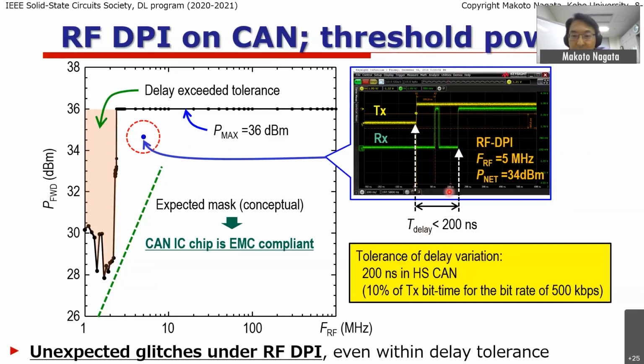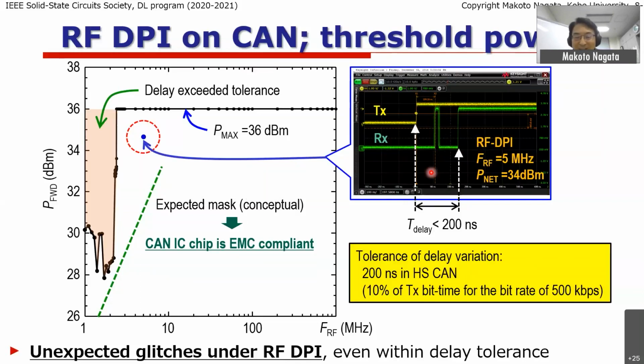In this case, OK, the TX transmitted data is well received by the RX within the 200 nanoseconds. But obviously, we see some glitches here because of the RF DPI, because of the RF power injected onto the CAN device. From the system point of view, the data can be well transmitted, so nothing is violated. But in the real environment, we will see unwanted glitches here because of the RF DPI.